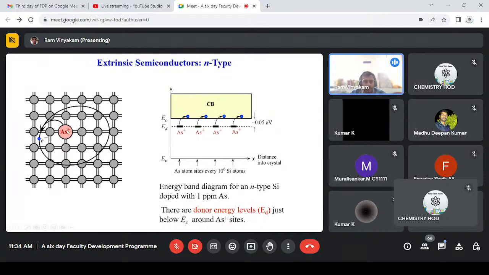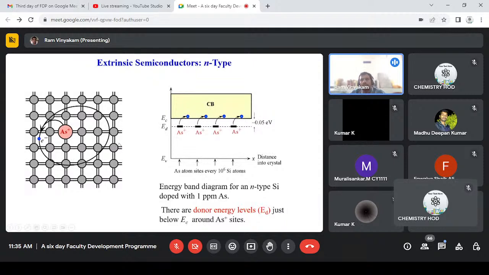So whenever the arsenic gets some energy to get ionized, that means this electron which revolves around the arsenic, even though it is doped, gets delocalized, then we say that electrons from the donor energy level move to the conduction band.